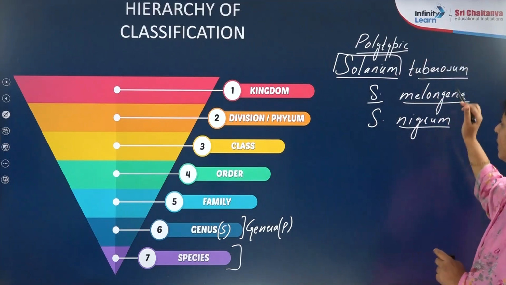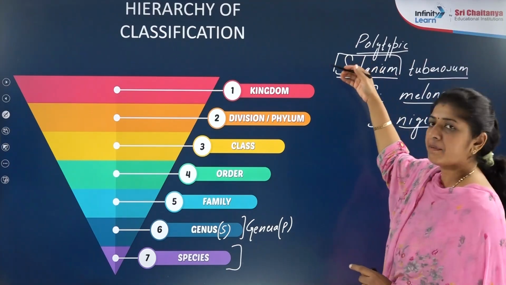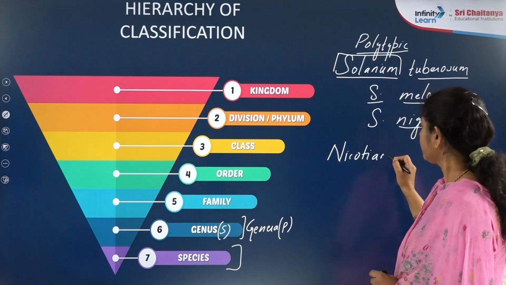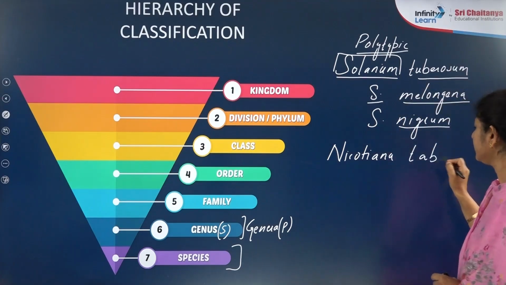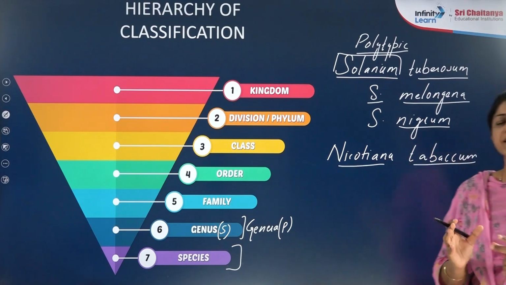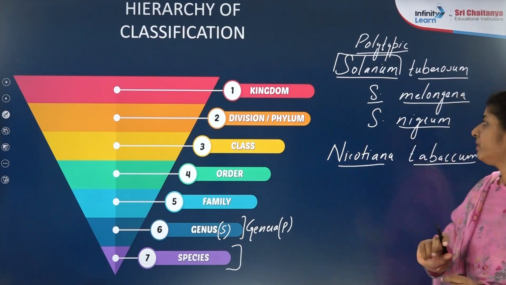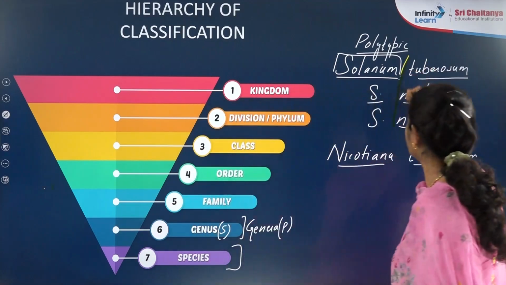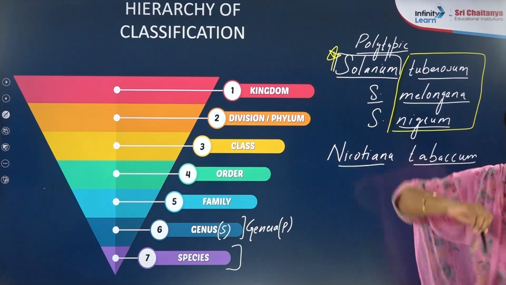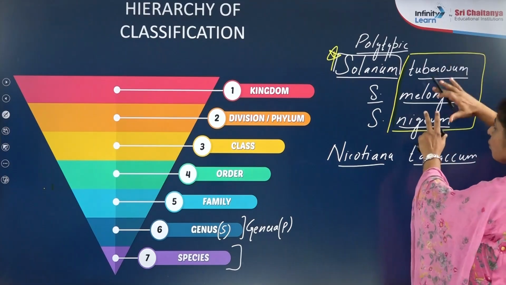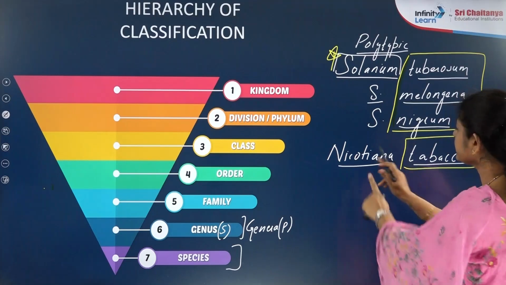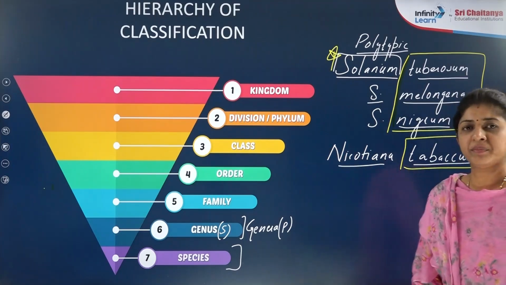Fine. Now, if I am taking from the same family Solanaceae, one more, Nicotiana. Nicotiana species is tabacum. Now, what is happening here? Listen to this point very carefully. If I am taking all these species which come under Solanum, they have more common features as compared to the species which is coming under Nicotiana.